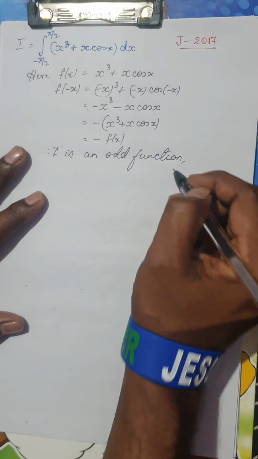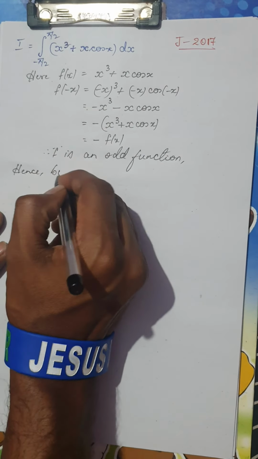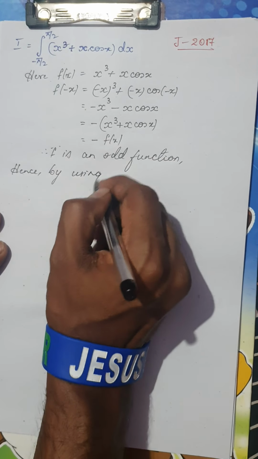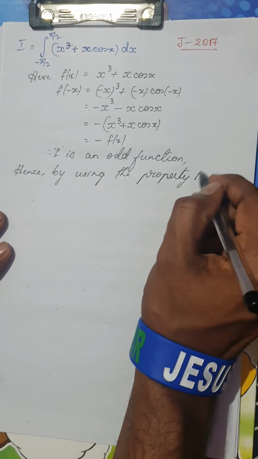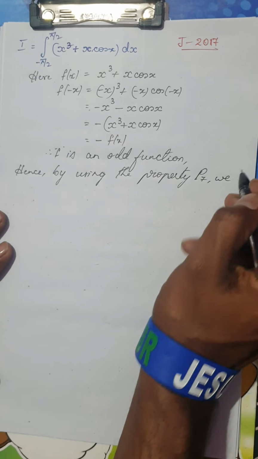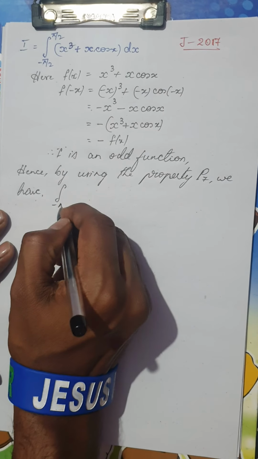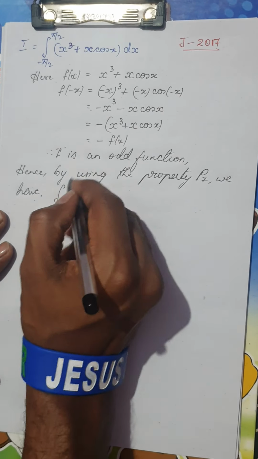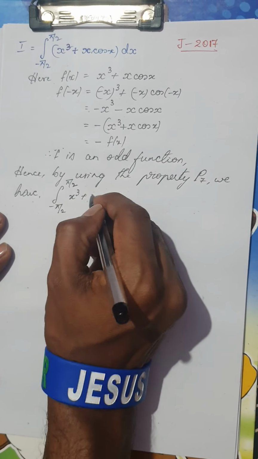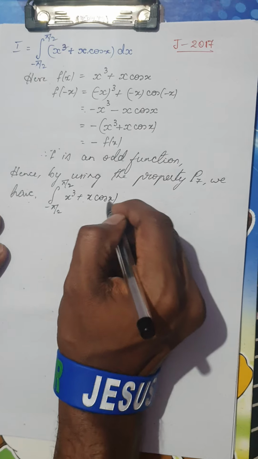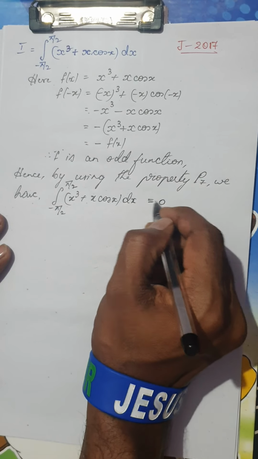Okay, when we have f is an odd function, hence by using the property P7, what can we write? Integral from minus pi by 2 to pi by 2 of x cube plus x cos x dx is simply 0, isn't it?